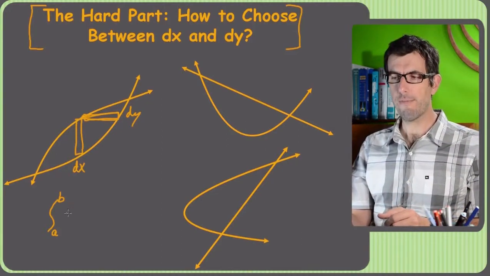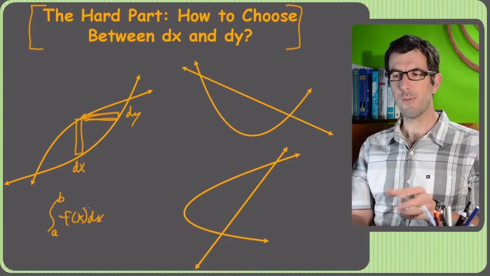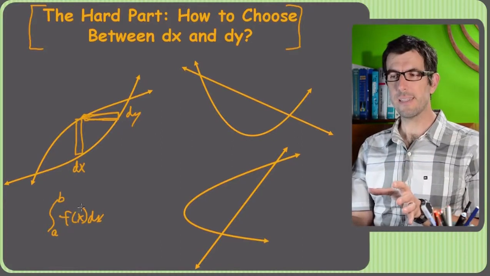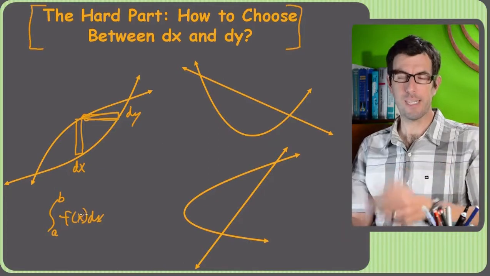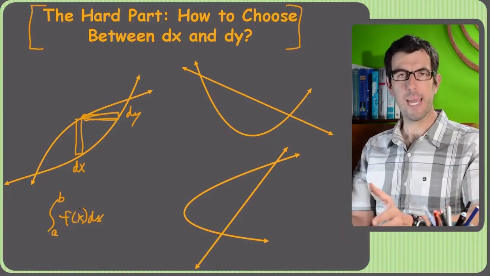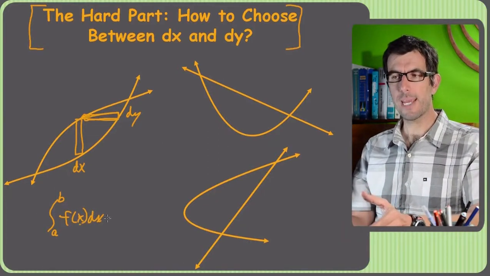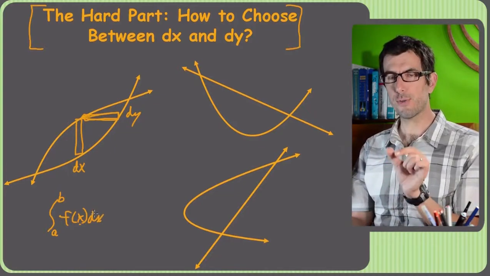Well, it turns out when you integrate a function, it's automatically doing infinity rectangles, which is obviously going to be more accurate than 5 rectangles, right? So this is perfectly accurate. What it's really doing is creating and adding up infinity rectangles that are extremely skinny.